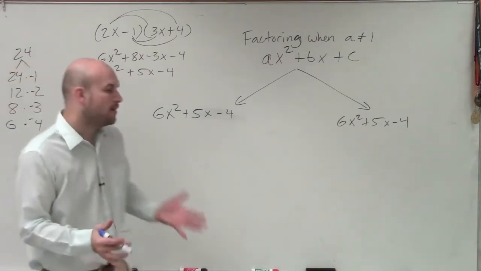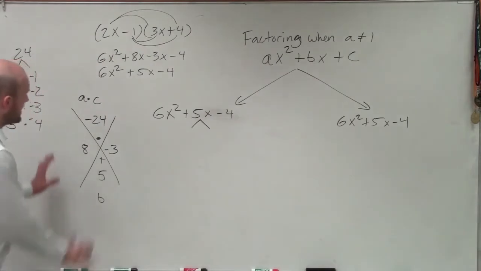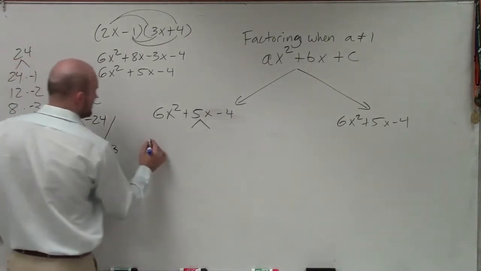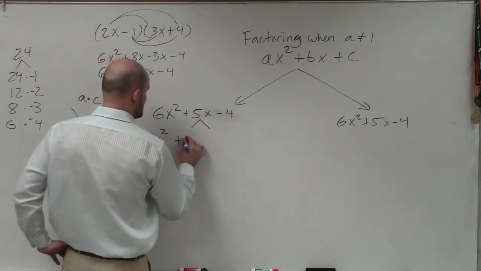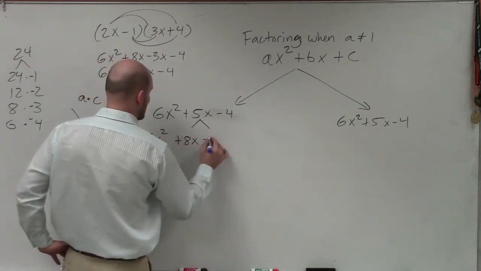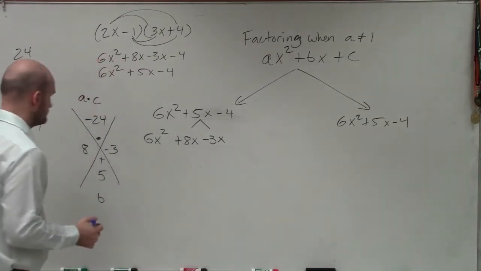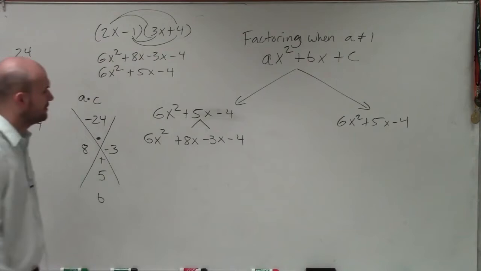All right? So now what I do is I take my middle term of my original quadratic, and I break it up with coefficients of 8 and negative 3. So now I rewrite this as 6x squared plus 8x minus 3x minus 4. All right?